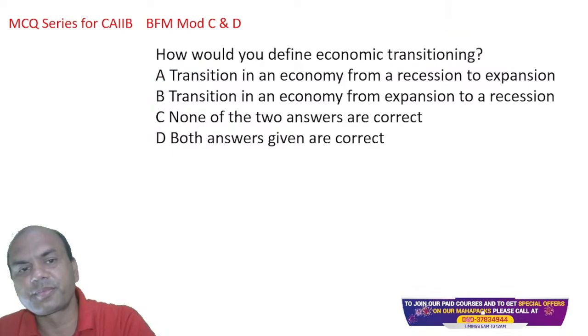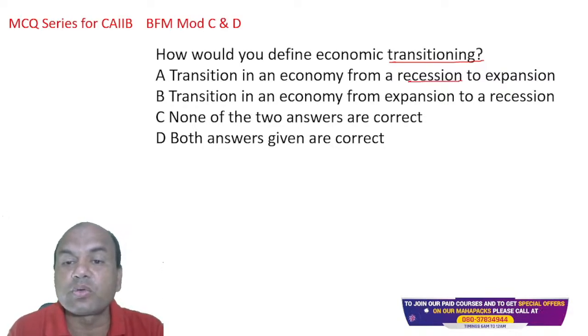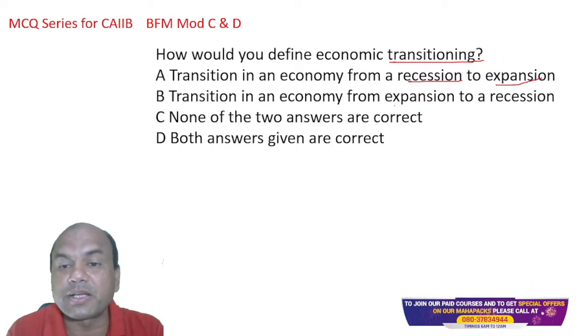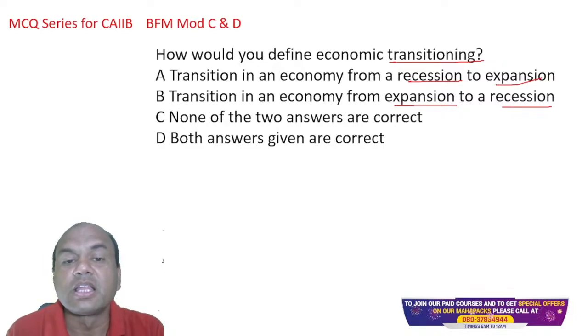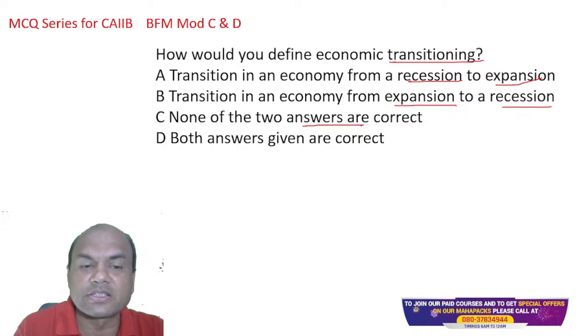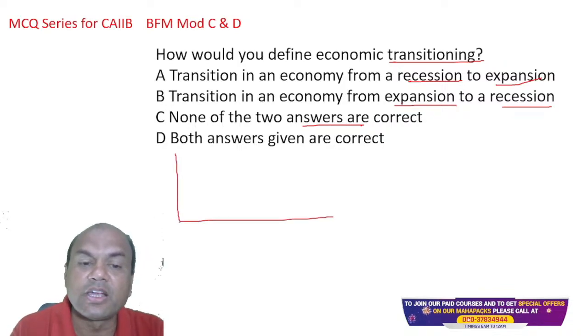How do you define economic transition? Transition means that camel humped curve. Transition in an economy from recession to expansion. Transition in the economy from expansion to recession. None of the above two answers are correct, or both are correct. Recession to expansion: let's plot this curve of A. Recession means it will be first like this, an inverted curve, right?